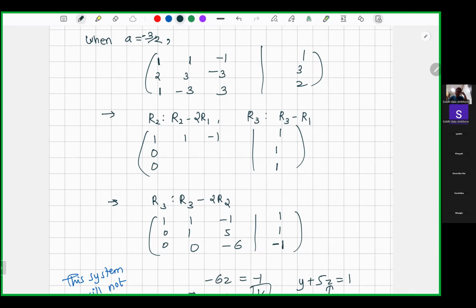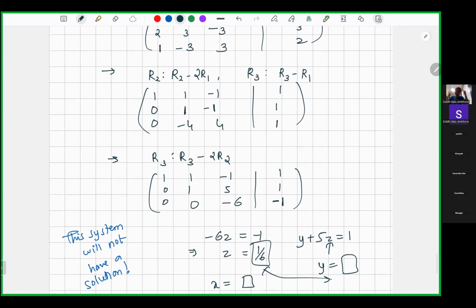R2 minus 2 R1. So R2 minus 2 R1 will give me 1 here. Minus 3 minus 2 will give me minus 5. No, see, minus 3 minus minus plus 2, so this is minus 1. And here minus 3 minus 1 will give me minus 4. And this is 3 minus plus 1 will give me 4 here.